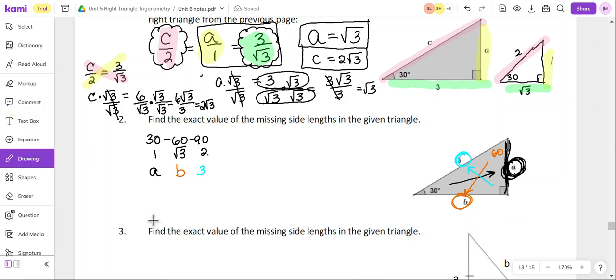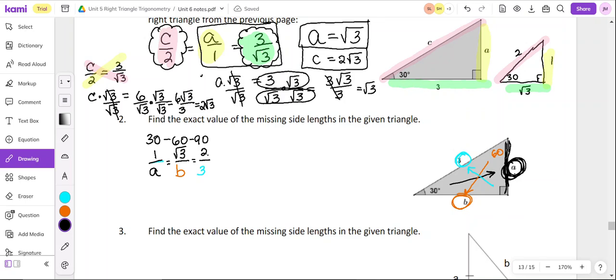There you go. So when you look at this, you should see the ratios. See? Do you see it? So it's the same thing without drawing the triangle.